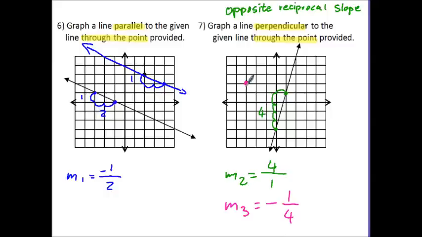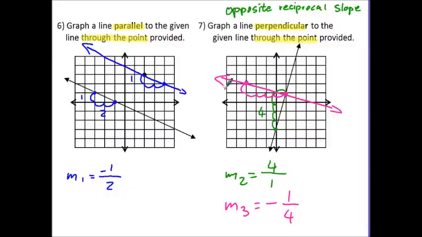Negative means I'm going down 1, and I'm going 4 to the right, and I land on a point that we have already found before. And here goes our perpendicular line. These 2 lines are perpendicular that we graphed right now using the knowledge about their slopes.